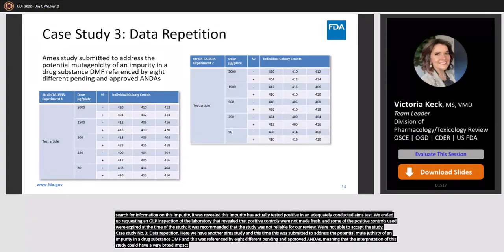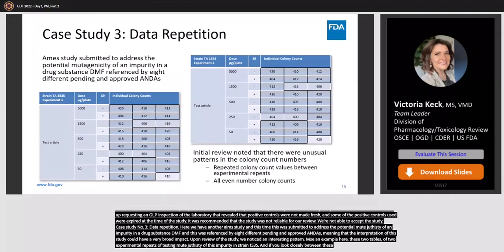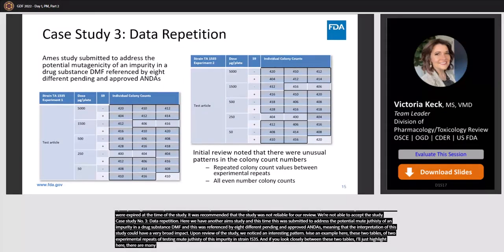Upon review of this study, we noticed an interesting pattern. I have an example here. These 2 tables are 2 experimental repeats of testing mutagenicity of this impurity in strain TA1535. And if you look closely between these 2 tables, I'll just highlight here, there are many repeated individual colony counts.